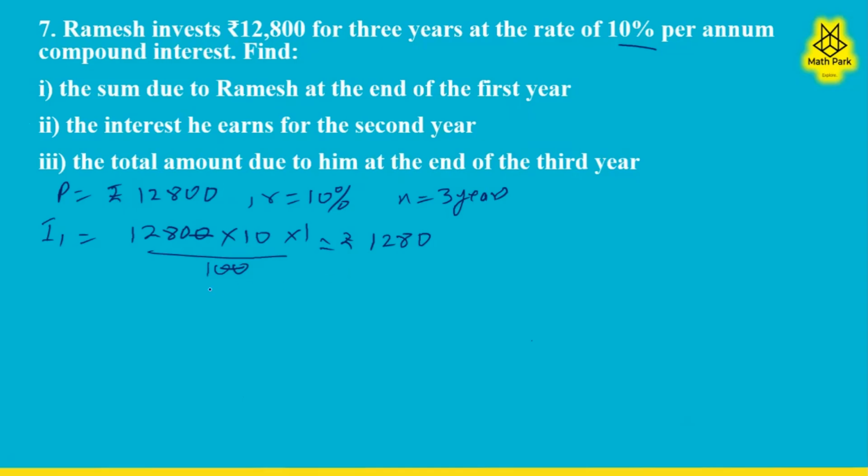which we get as rupees 1280. Okay, so if this is the interest, the amount for the first year is going to be the principal for the second year, which is the principal 12,800 plus the interest, 1280, which we get as rupees 14,080.